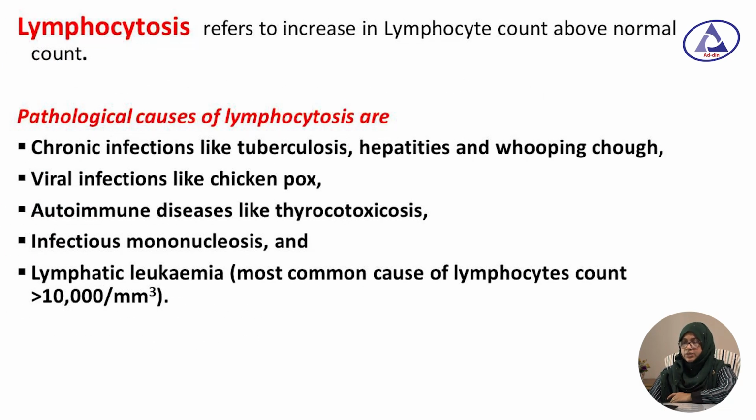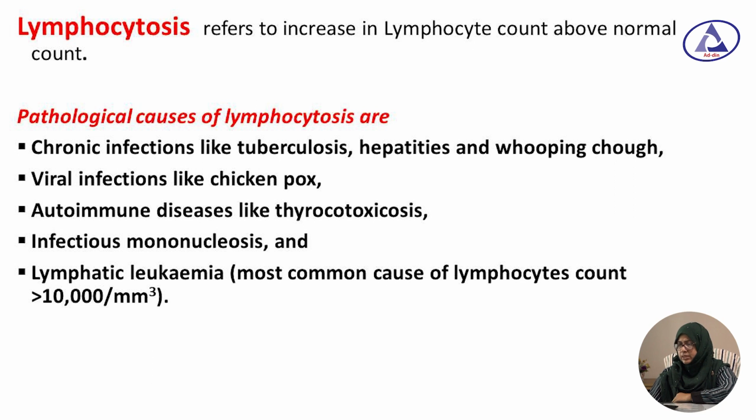Now, lymphocytosis. It refers to an increased lymphocyte count. The pathologic causes are chronic infections like tuberculosis, hepatitis, and whooping cough, viral infections like chickenpox, autoimmune diseases like thyrotoxicosis, infectious mononucleosis, and lymphatic leukemia.